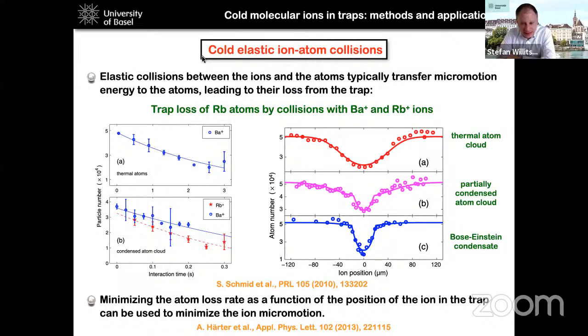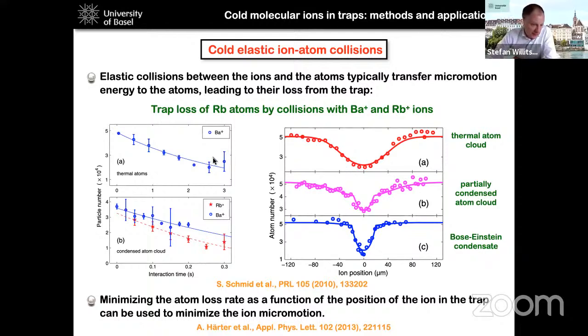And this is one of the very first results that came out of this field from Johannes Hecker Denschlag's group in Ulm, where they have an experiment where they trap barium ions together with rubidium atoms. And of course, the simplest types of collisions that can happen here are elastic collisions.